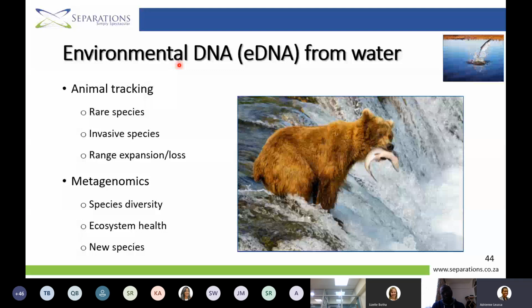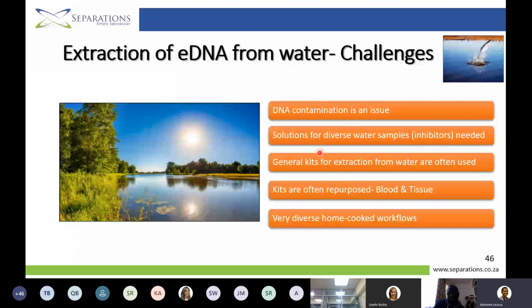However, the challenges that come when you're trying to study eDNA from water is that most of the time people face DNA contamination, so contamination of your sample with DNA that was not part of the sample. And then also there's a need for solutions for diverse types of water samples, some of which would include inhibitors.